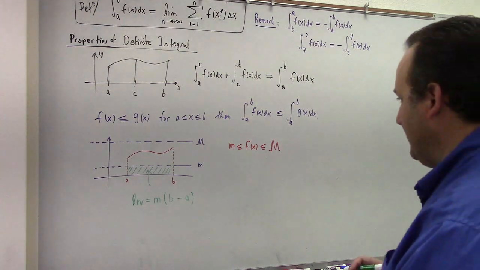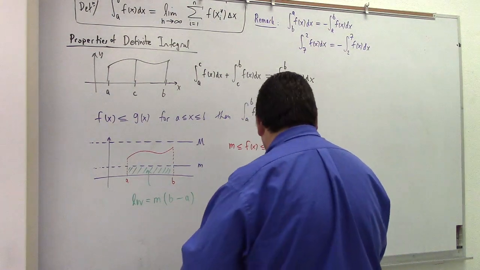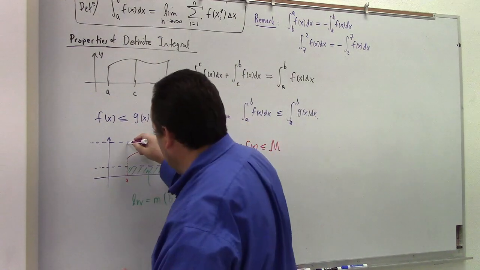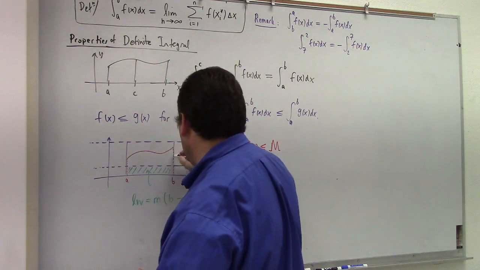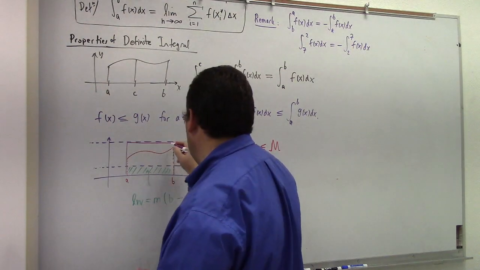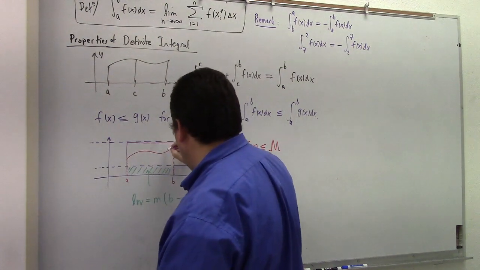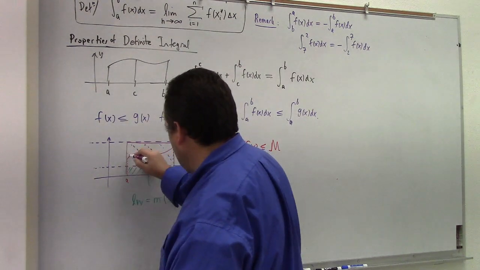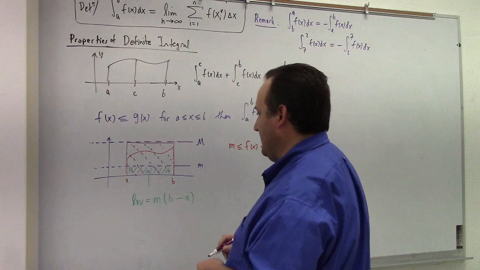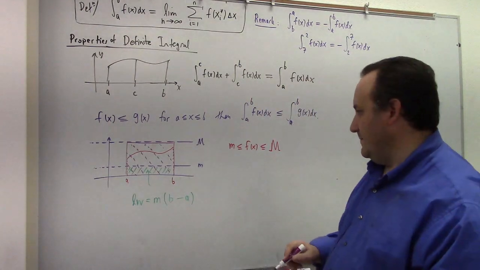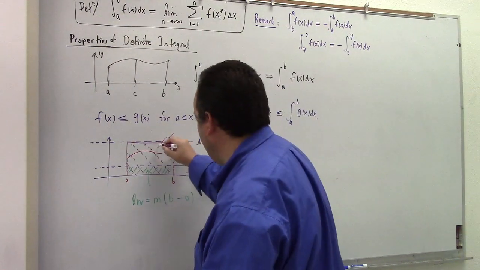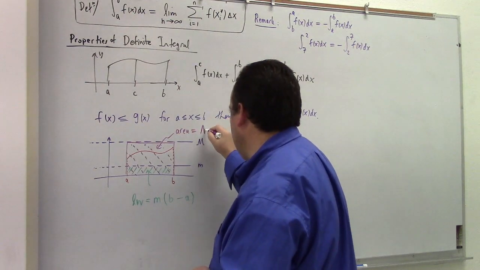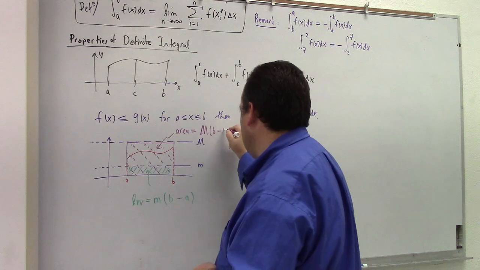And I'm going to ruin my picture by doing this, but you'll forgive me. What if I made this big rectangle like this? See what I'm saying? What's the area of that? The height of it is big M. The length is still b minus a, right?